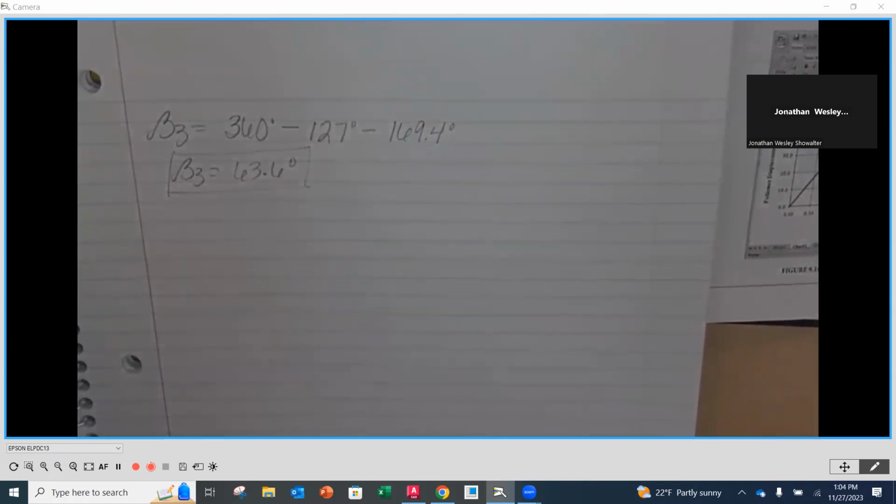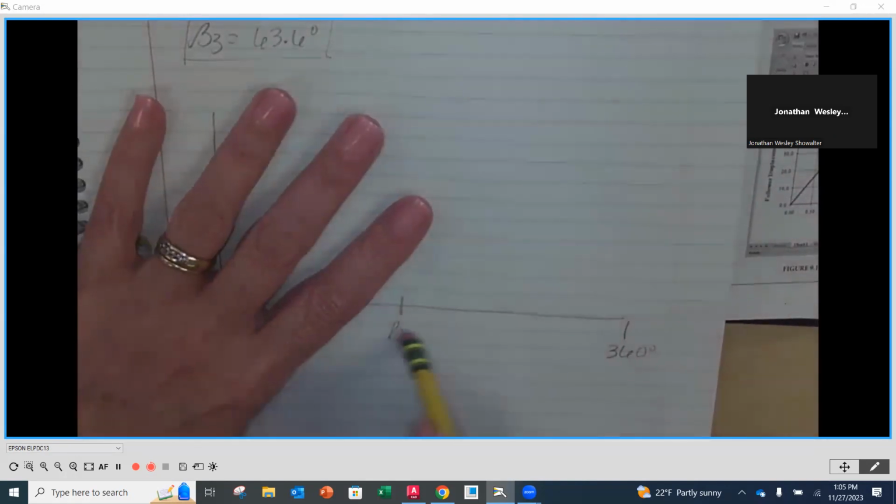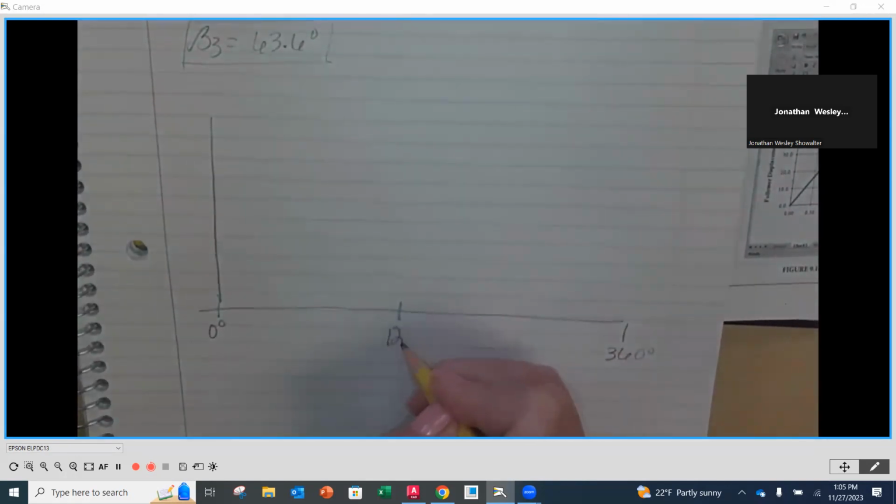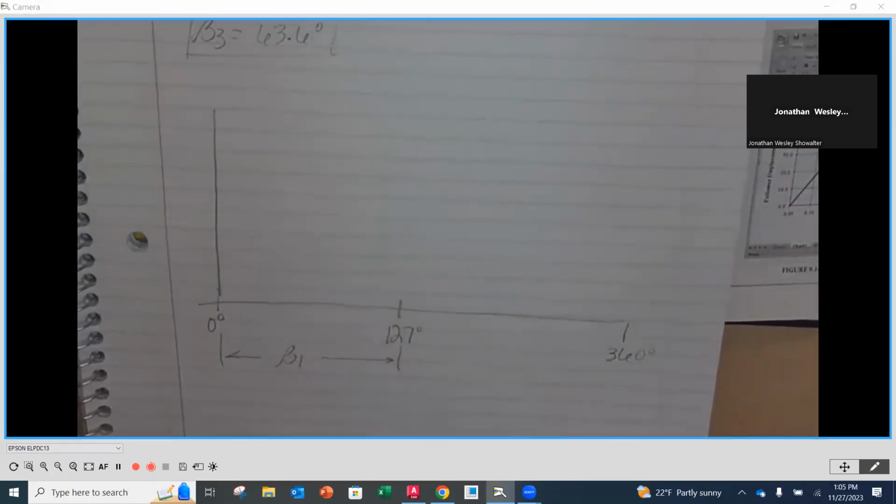Now what this gets us is, if we look at, and I'm just going to sketch it right here, our displacement diagram along this axis. We know that this is 0 degrees and this is 360 degrees. For 127 degrees, this is going to be our beta 1, between there and there.